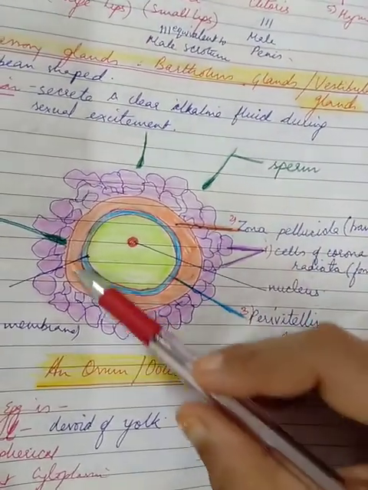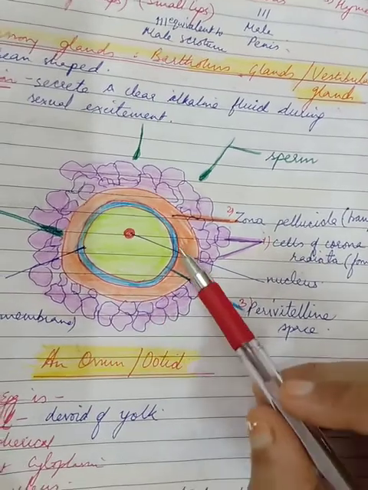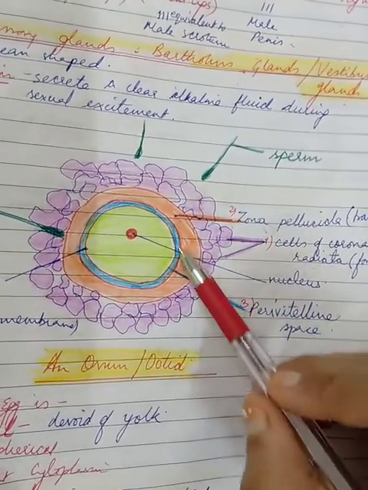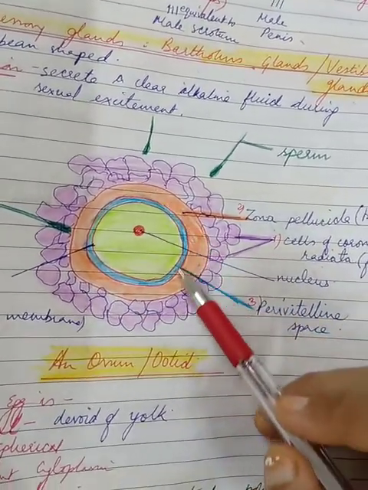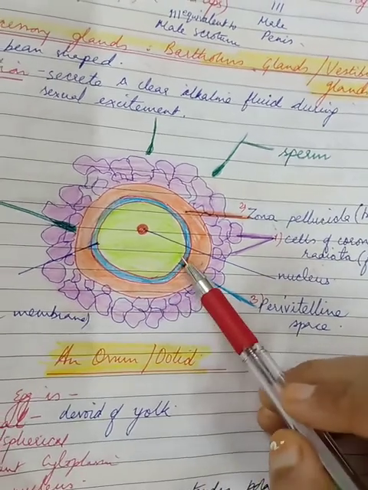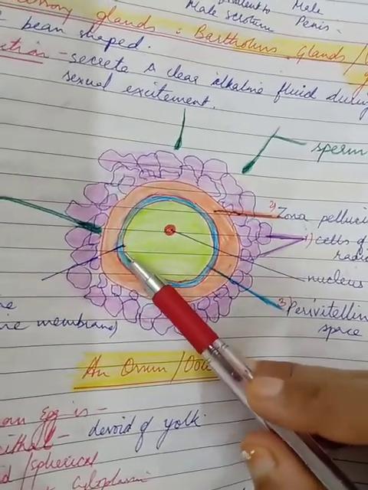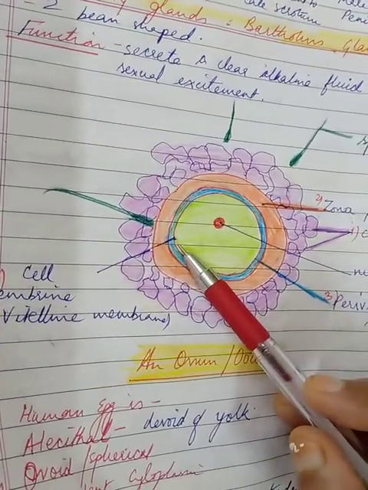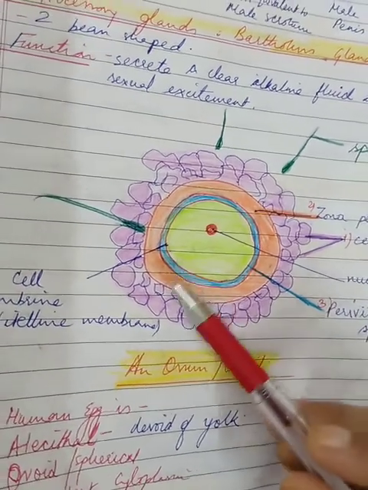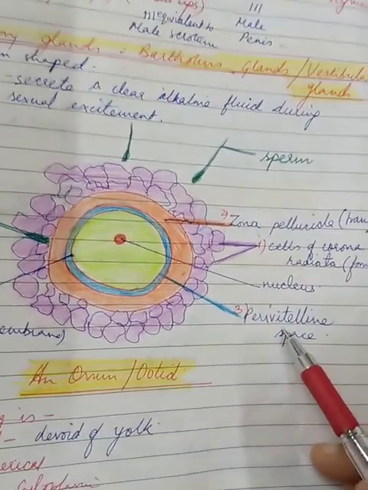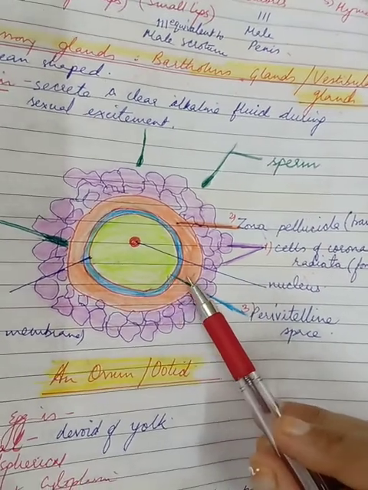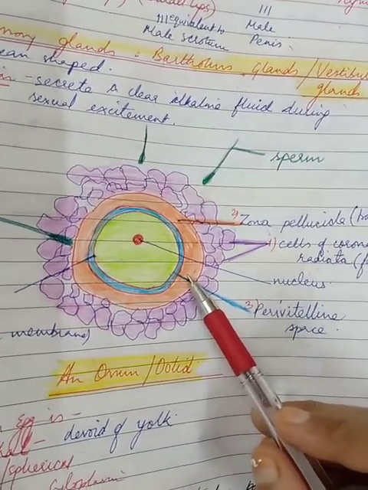Then a transparent region which is non-cellular, the zona pellucida. Then comes a space which we call the perivitelline space, and finally the innermost lining, which we call the cell membrane or vitelline membrane. So this perivitelline space is the region between the vitelline membrane and the zona pellucida.